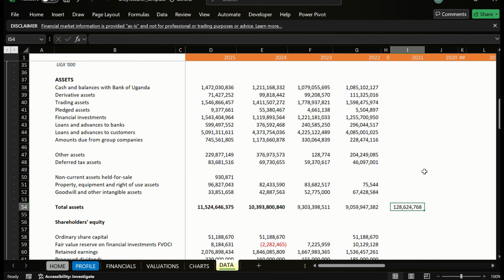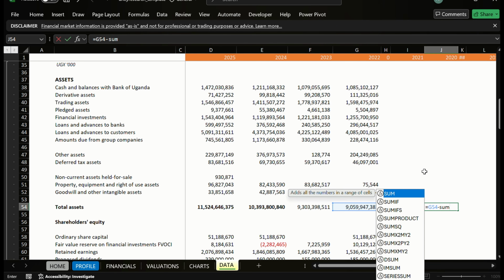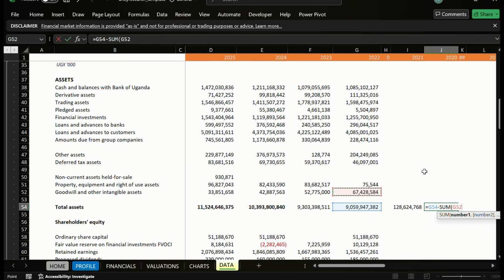So I'm going to be missing somewhere here. Change this also. 76 I'm missing here.